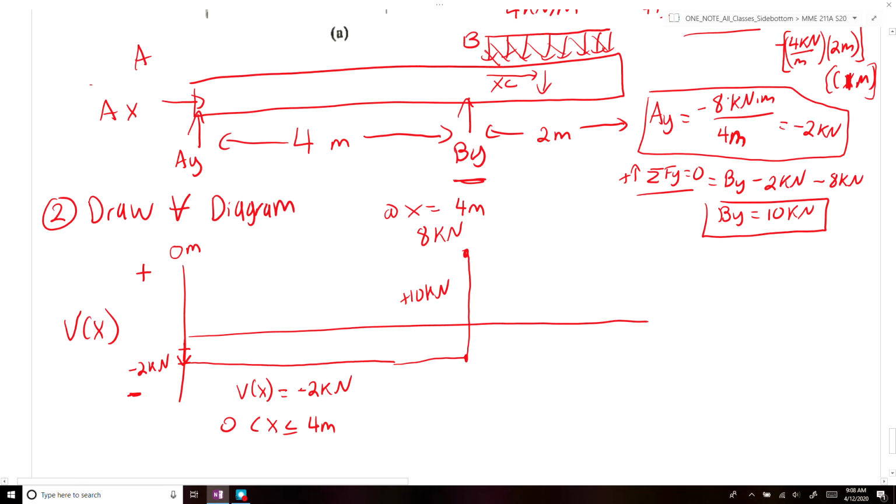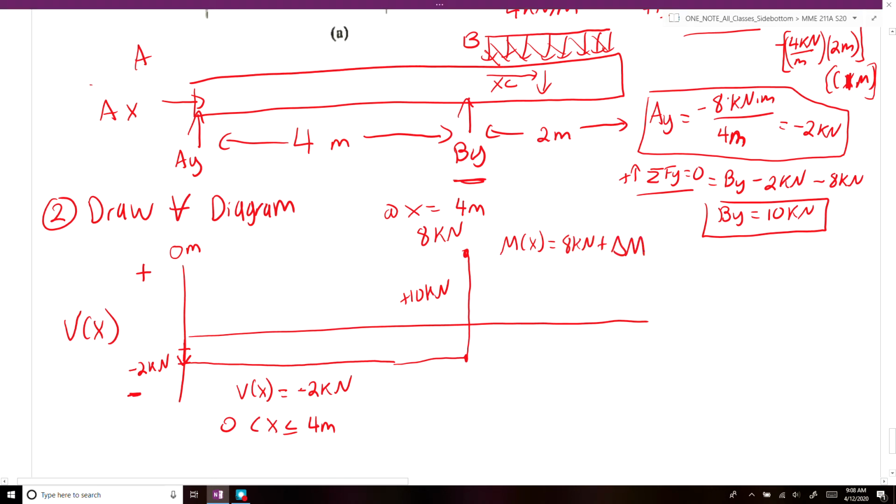Alright, and then for the rest of our diagram, we know that V of x is going to be equal to the value of V of x at x is equal to 4 meters, so that would be equal to 8 kilonewtons, plus our change in shear force.